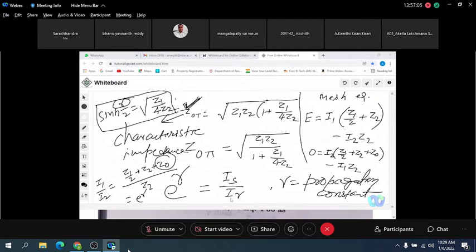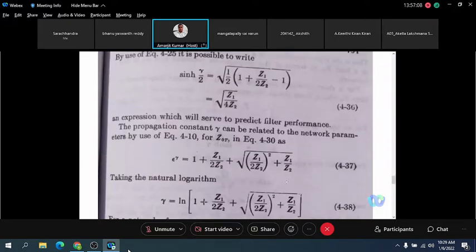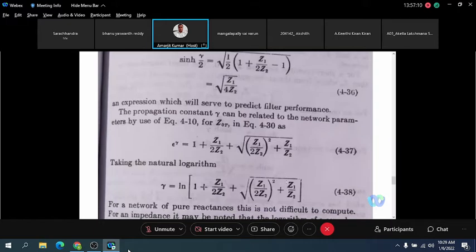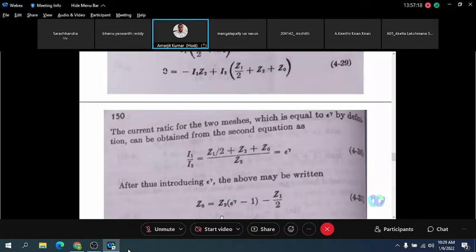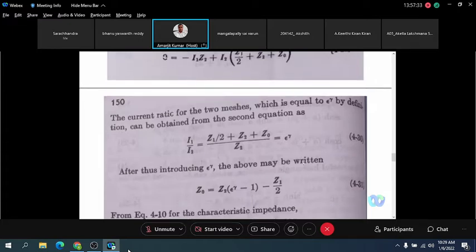Next, what will be e to the power gamma? From here you see e to the power gamma is written as input current divided by output current. So (Z1/2 + Z2 + Z0) divided by Z2 is equal to e to the power gamma.